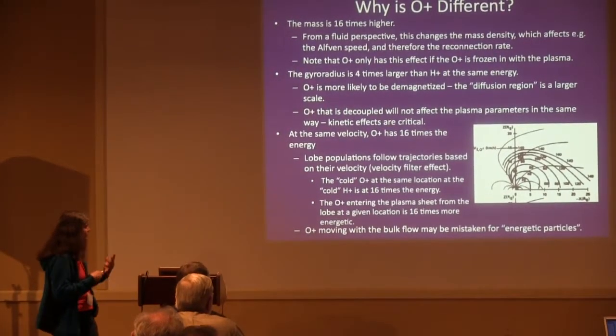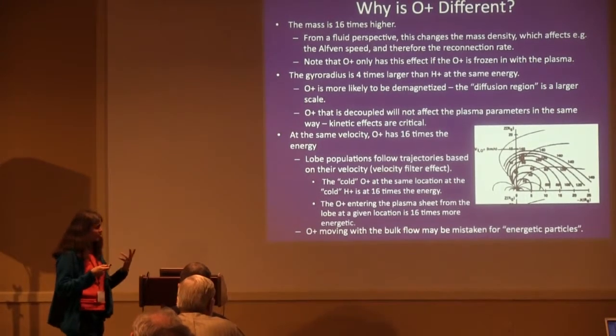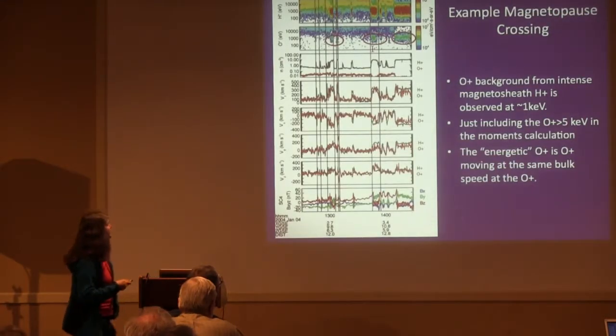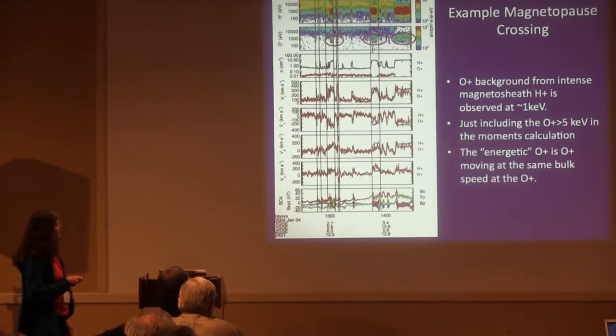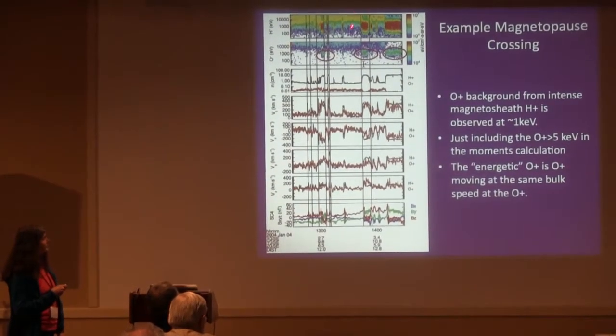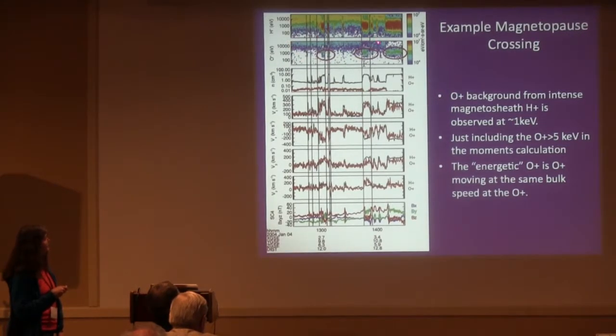Another thing is that oxygen, moving at the bulk flow, is more energetic, so it tends to look more like energetic particles. As an example, this shows a magnetopause crossing. Here we're showing the protons on top, and then here's the oxygen.